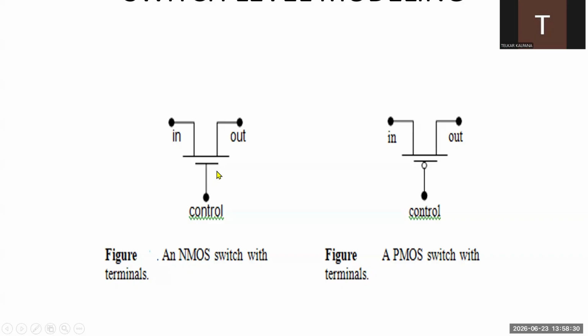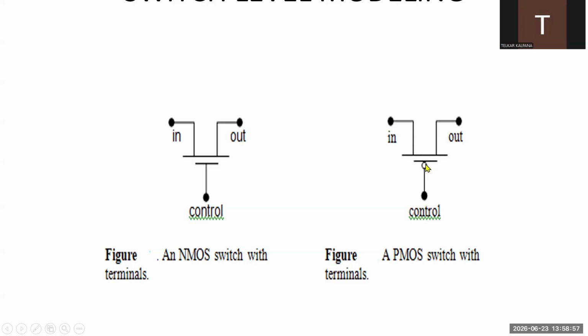So when we are going to see the operation, NMOS conducts when its gate to source voltage is positive. Means the NMOS goes into on state when its gate to source voltage is positive or nothing but logic 1. Similarly, PMOS conducts when its gate to source voltage is negative. So here the gate is nothing but the control signal.